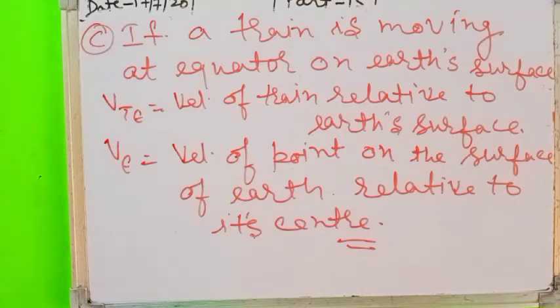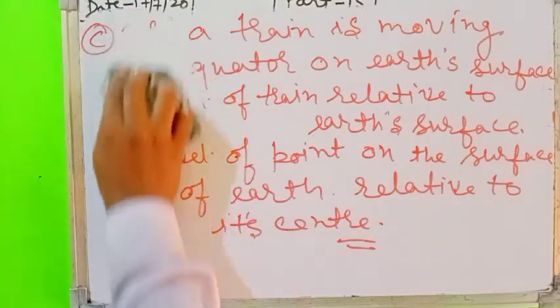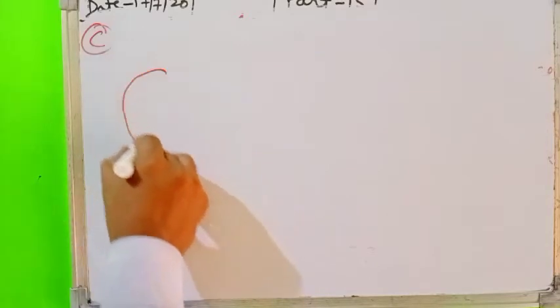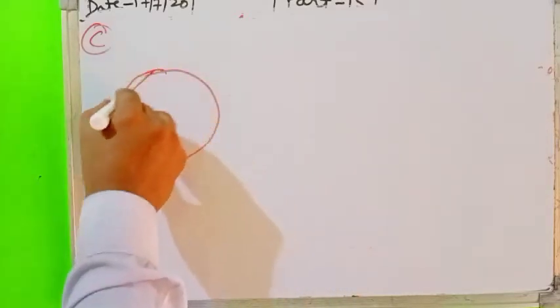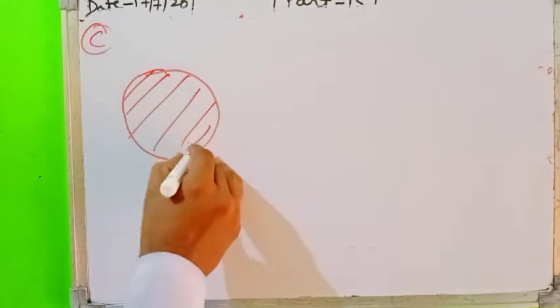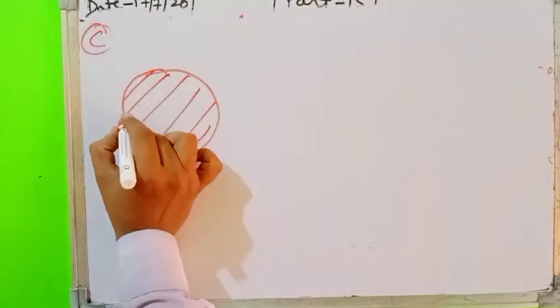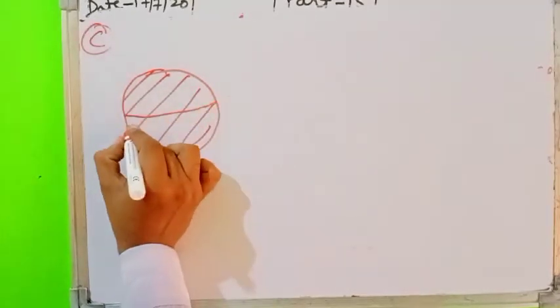So there are two cases. When the train is moving along the direction of rotation of the earth, and if the train is moving opposite to the direction of rotation of the earth. Okay, first, suppose this is earth and this is the equator.